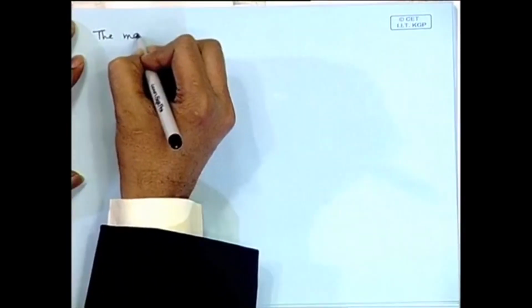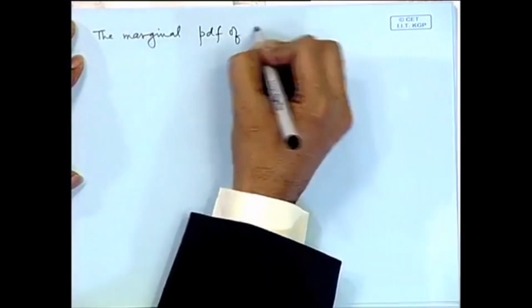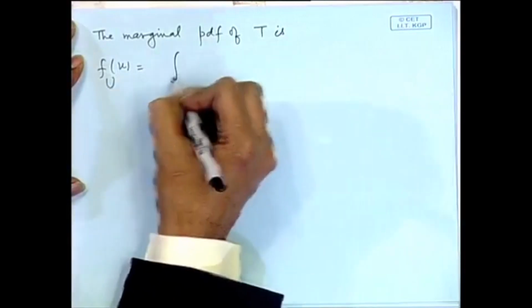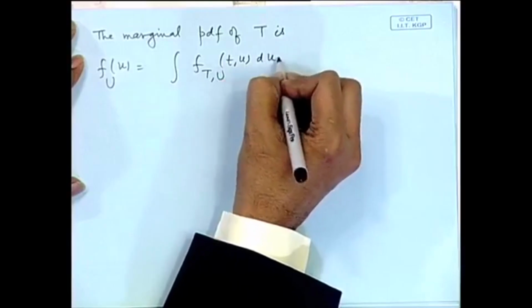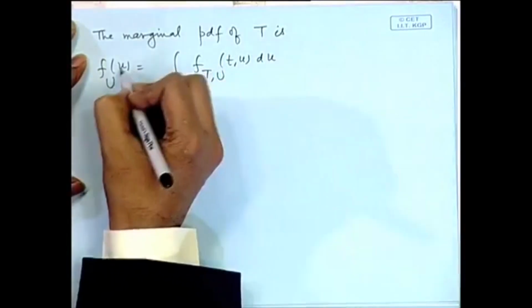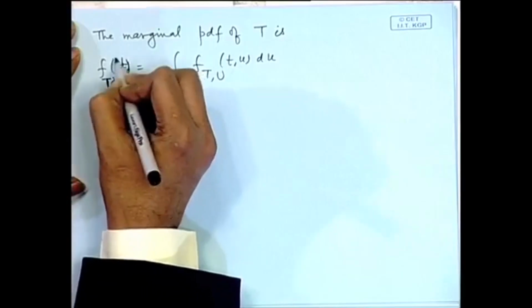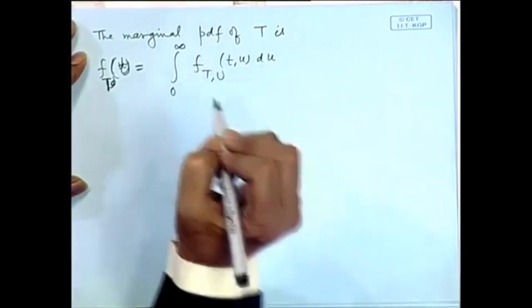the marginal probability density function of t, that is integral of f(t,u) du from 0 to infinity.